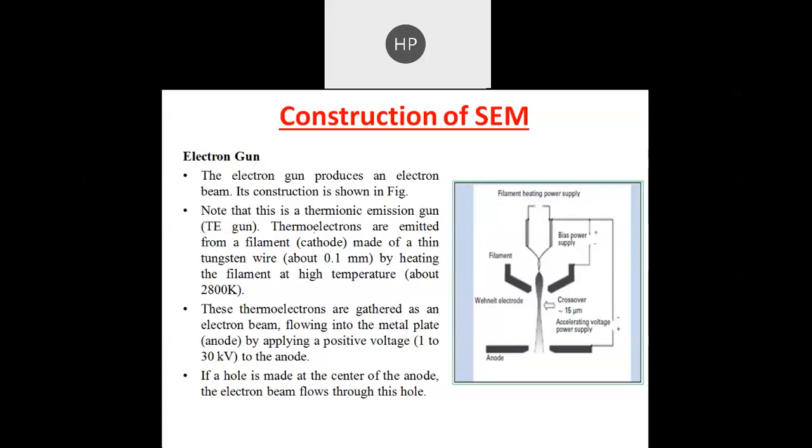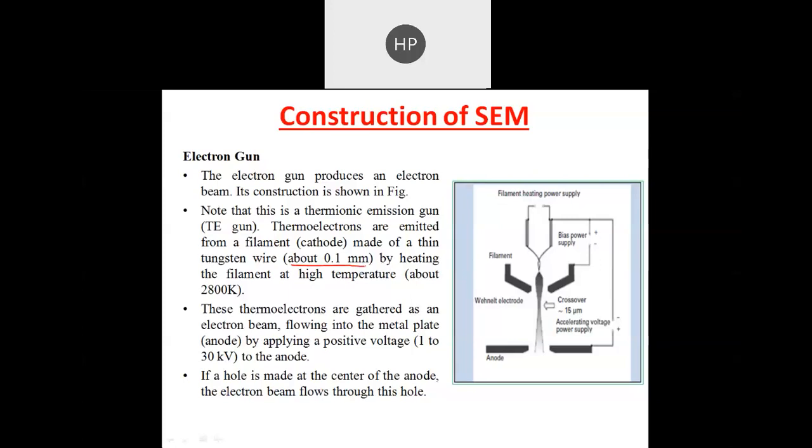The thermoelectrons are emitted from a filament, and generally it is made of a tungsten wire with a diameter of approximately 0.1 mm.